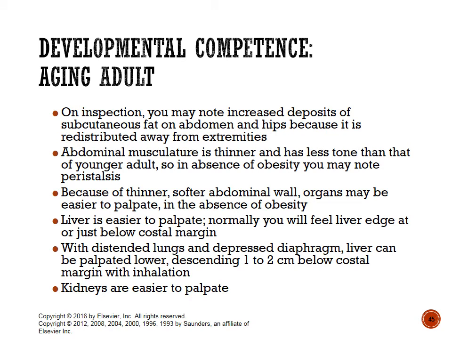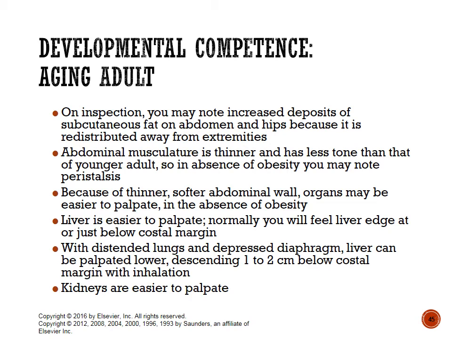So on the aging adult, remember we're not going to see the increased amounts of subcutaneous tissue typically on the abdomen and hips, or we may see it increase. The abdominal muscles do tend to be thinner and have less tone than a younger patient. The organs may be easier to palpate because of that.